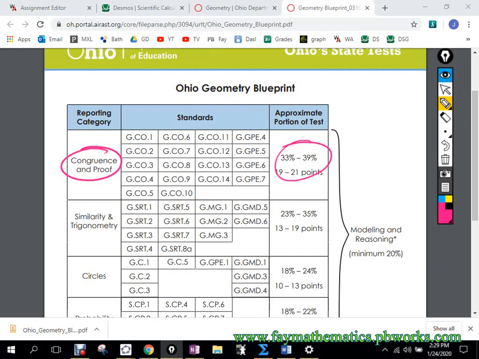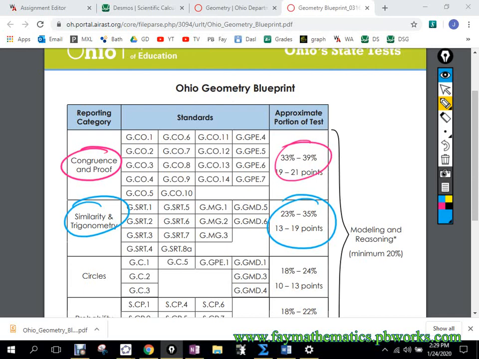All right. What we're going to start today is this stuff. Similarity in trigonometry, which is talking about ratios and proportions and stuff like that. And that's going to make up a quarter to a third of your test.